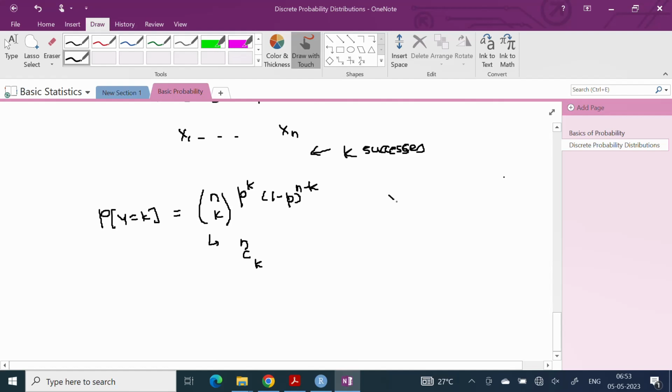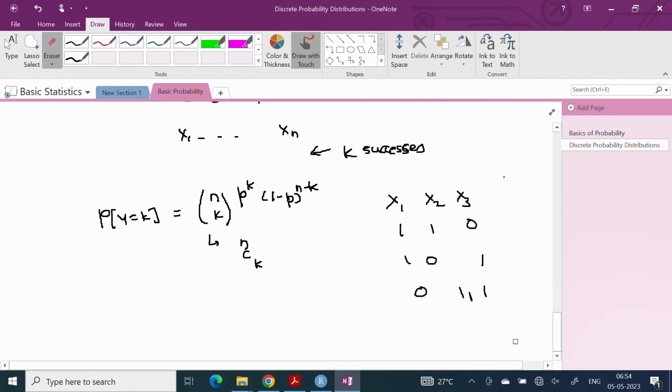Let me think of, say, suppose I have only 3 xi's. My n is 3: x1, x2, x3. And I'm talking of two successes. So those two successes could be here, or they could be here, first and third, or they could be here, second and third.